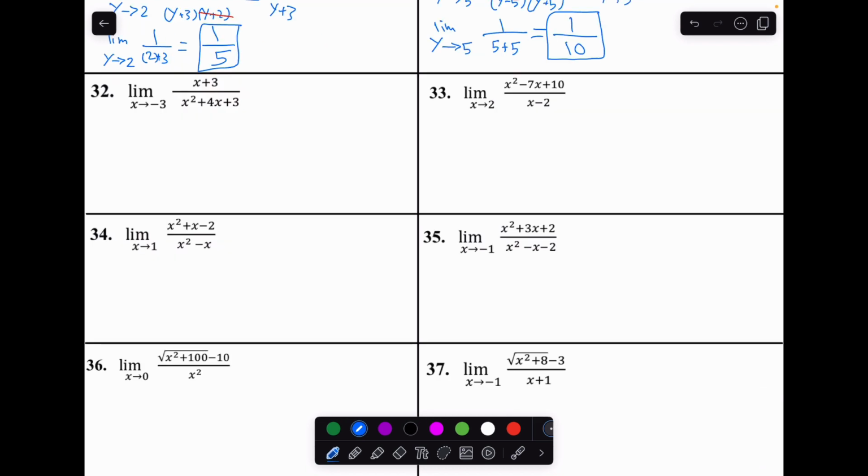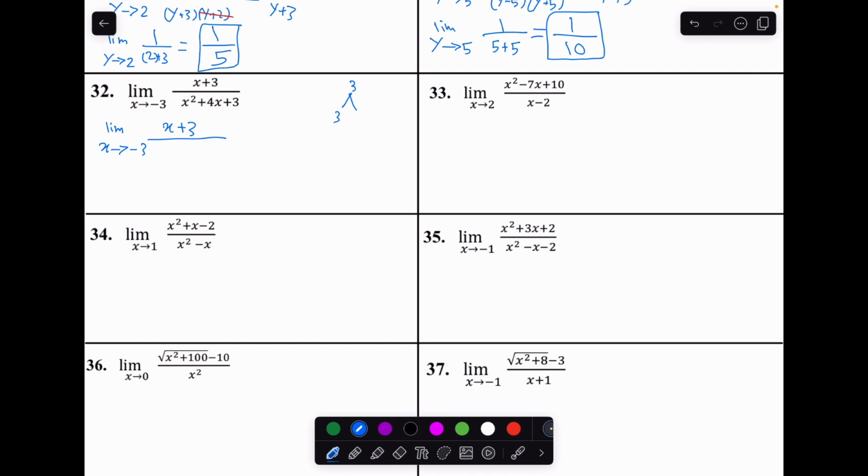Question 32, we need to simplify the equation. Limit when x is approaching negative 3, x plus 3 over. We need numbers that multiply to 3 and add to 4.